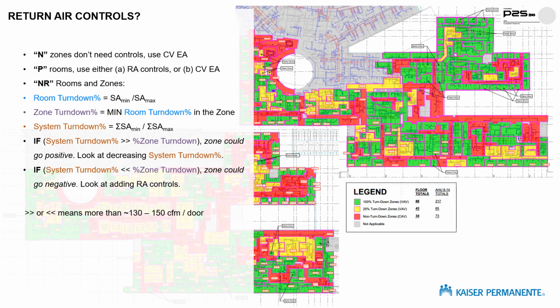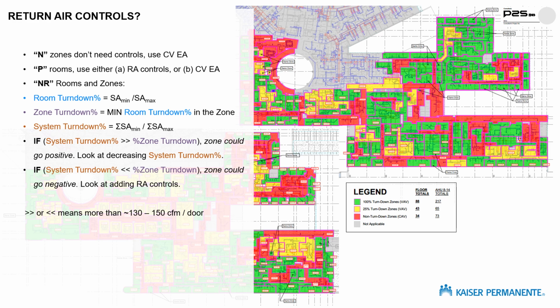If the system turn down is significantly more than the zone turn down, that means that zone could go positive. So overnight, let's say you have a zone, during the day it's 100%, and at night your supply air in the zone can turn down to 50%, but the supply air in the system can turn down 70%. Well, that zone could go positive. And so return air controls will not help in that scenario.